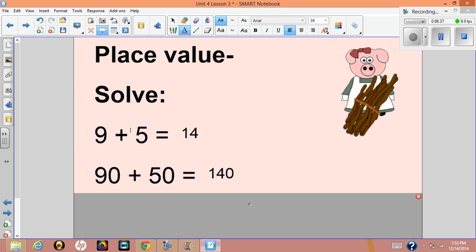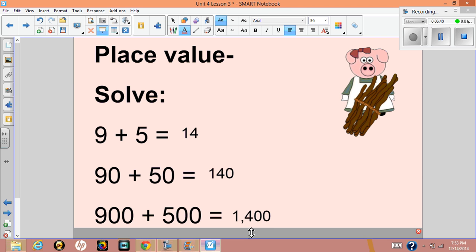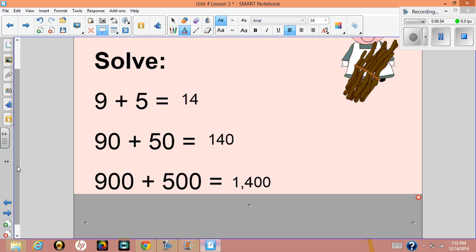If you notice, we've got a similar number here. We've simply just added a 0. We can expand our understanding of this and simplify even more by adding 2 zeros, making it 900 plus 500 equals 1400, by simply adding the 5 and the 9 together and adding 2 zeros.